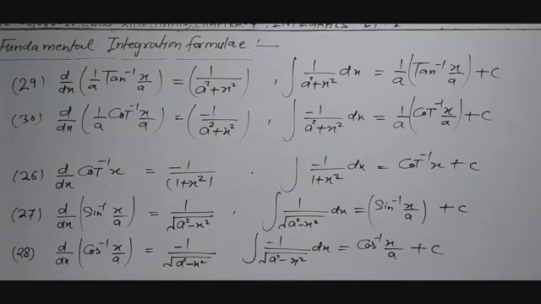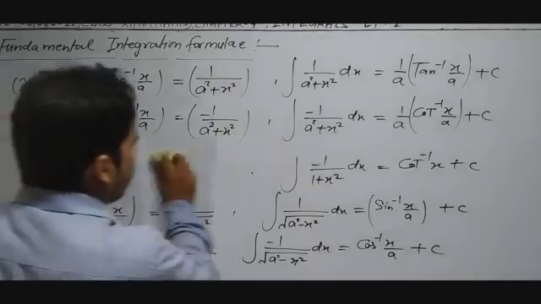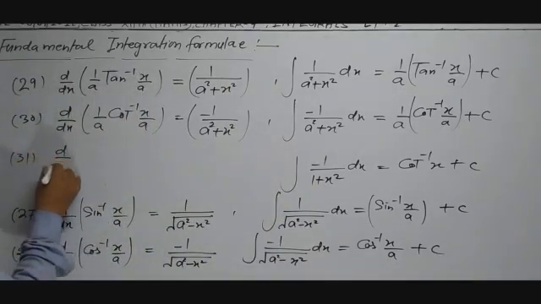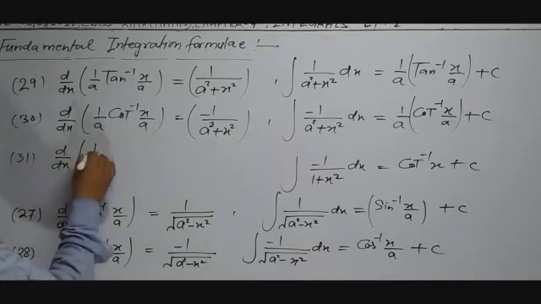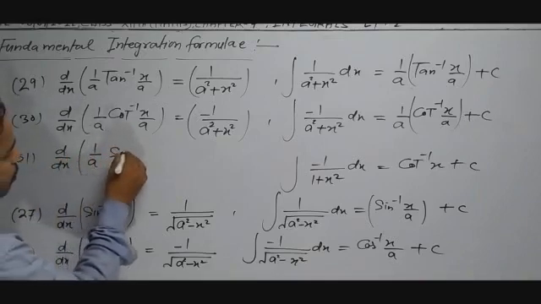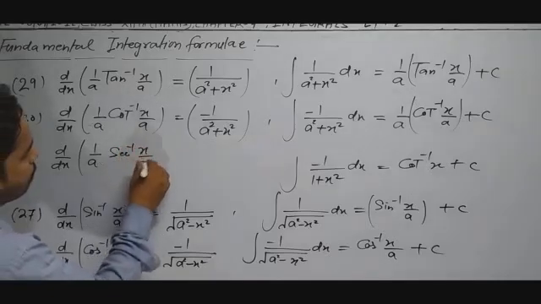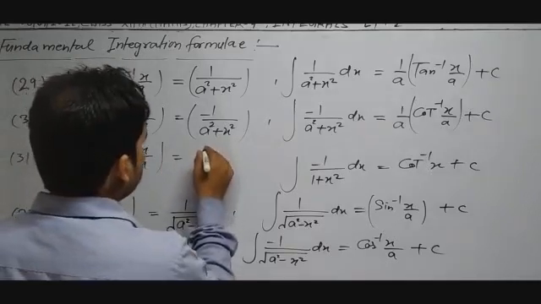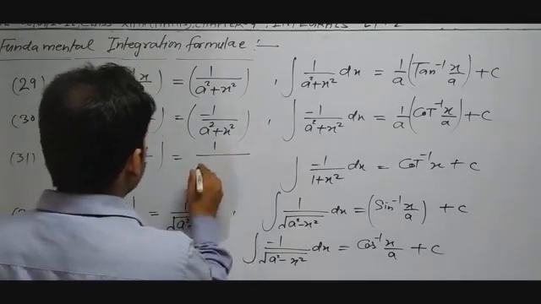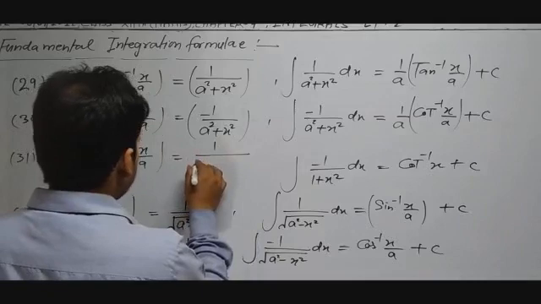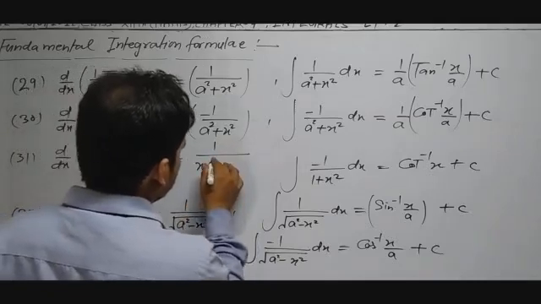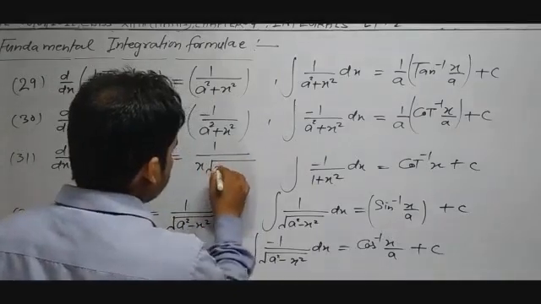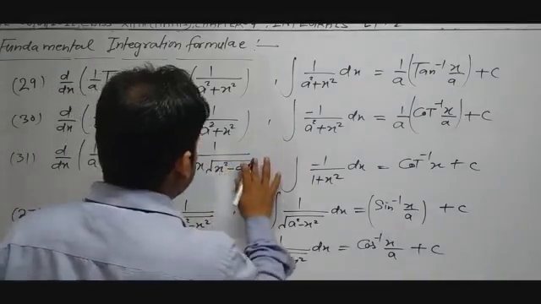Now formula number 31. Formula number 31 is d by dx of 1 by a sec inverse x by a, and now its result will be 1 upon x root over x square minus a square.